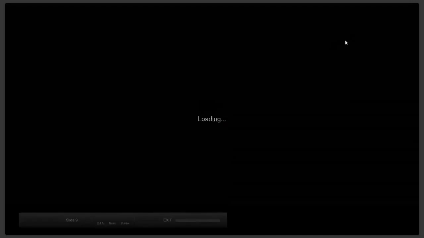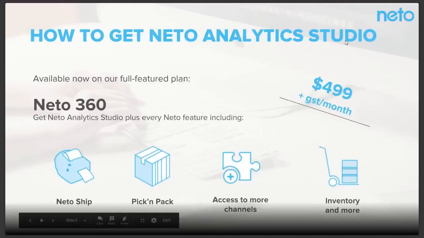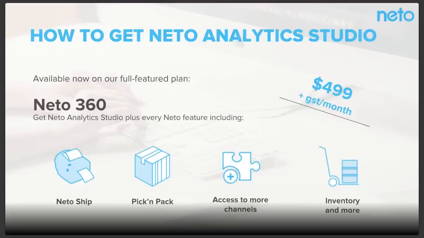When you go to access Analytics Studio, there'll be the option, if you're not on Neto 360, which is our all-inclusive plan, to upgrade to Neto 360. And not only will you get access instantly to Neto Analytics Studio, but you'll also get a number of inclusions with the Neto 360 plan. So the idea of Neto 360 is an all-inclusive plan.